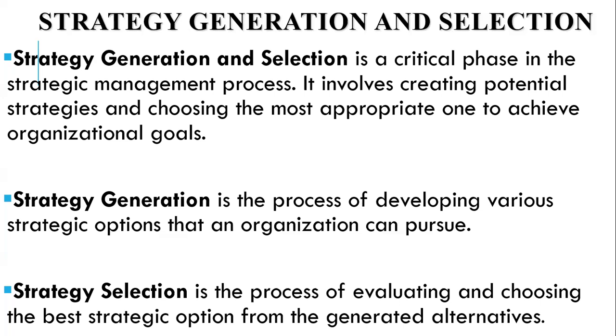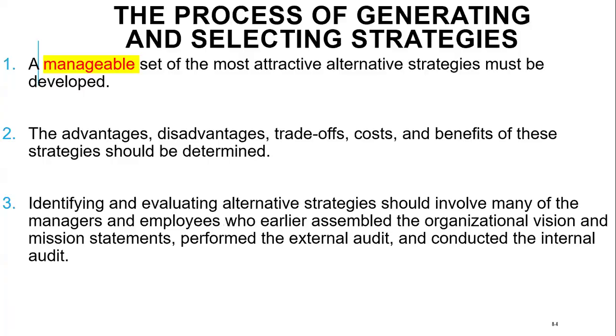The process of generating and selecting strategies is actually staged. So when we commence the attempt to generate a strategy and eventually select the most suitable one out of the alternative strategies that will be developed, we go through main stages.